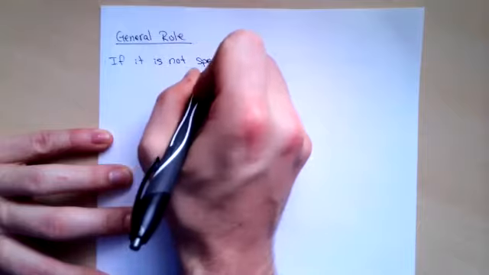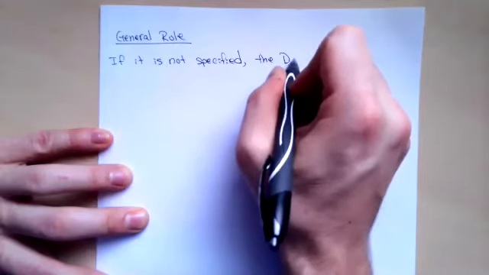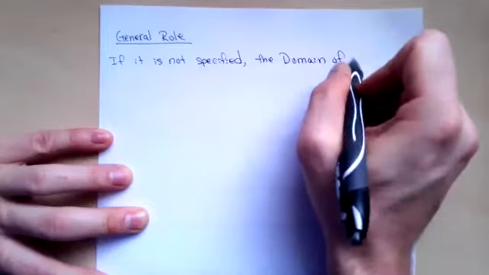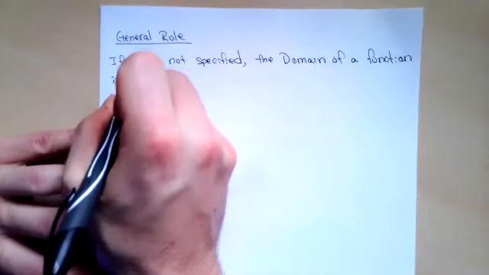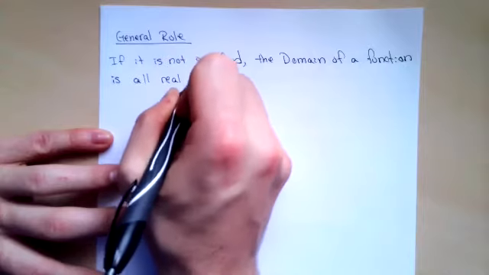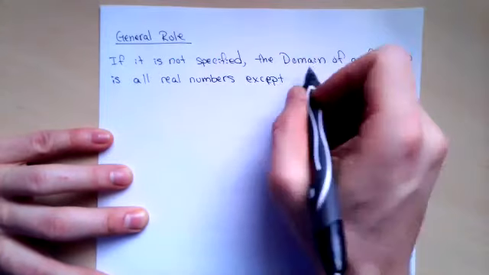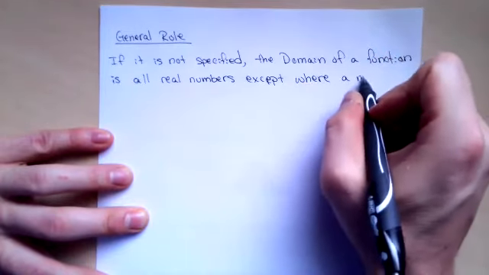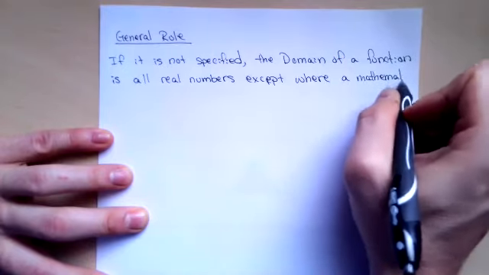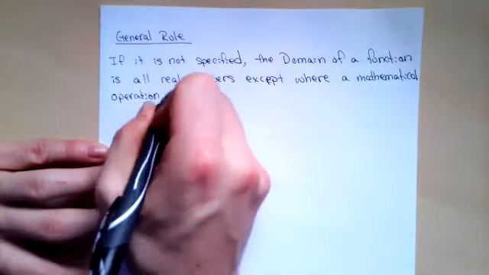If it is not specified, the domain of a function is all real numbers except where a mathematical operation doesn't make sense.